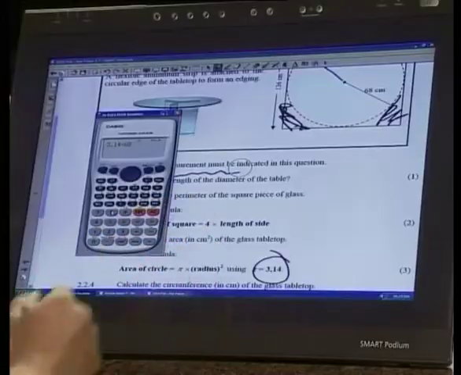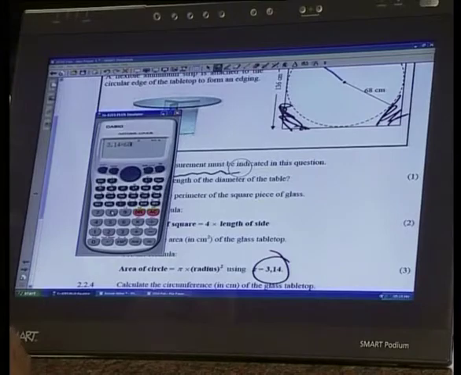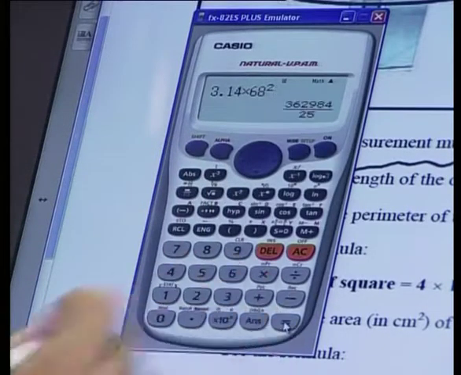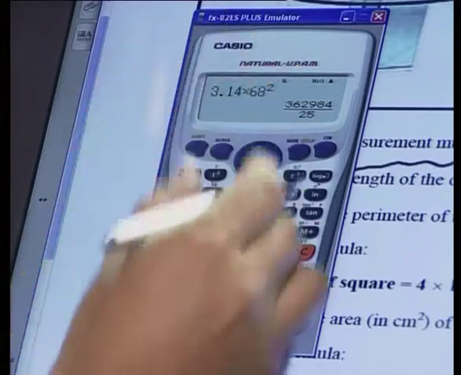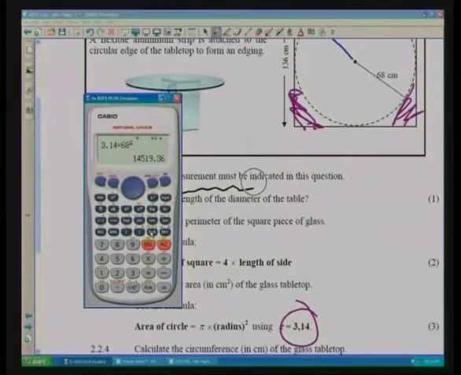So, back to our question. Here we are on the calculator. Times 68, and we're going to square the 68. And we say equals, and voila, we get a wacko answer, and it's actually 14,519.36 what? Centimeters squared, because we're dealing in area.